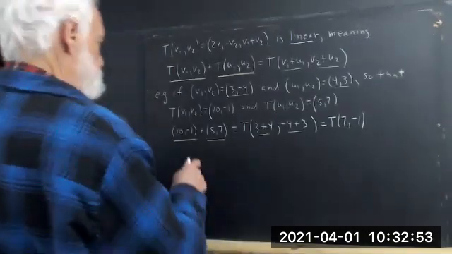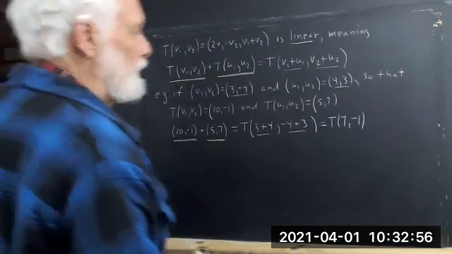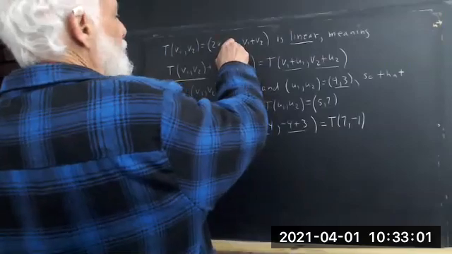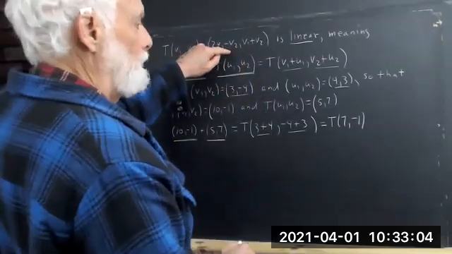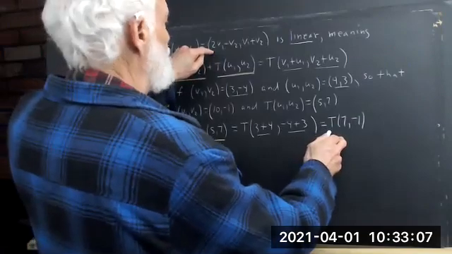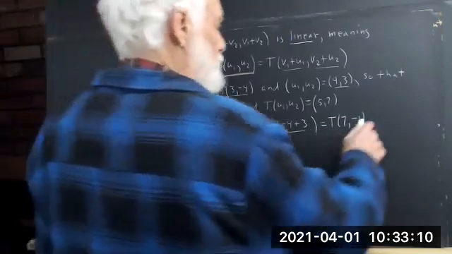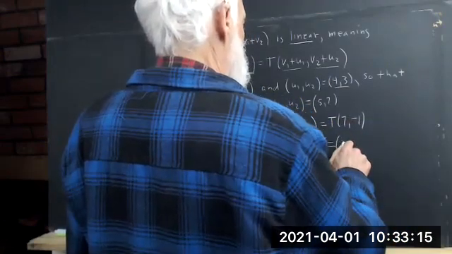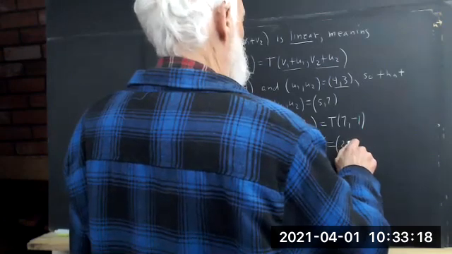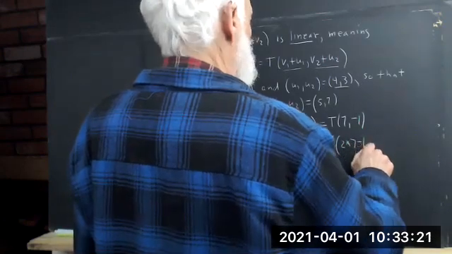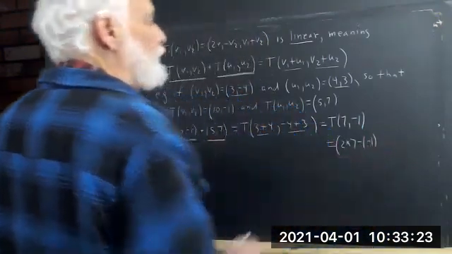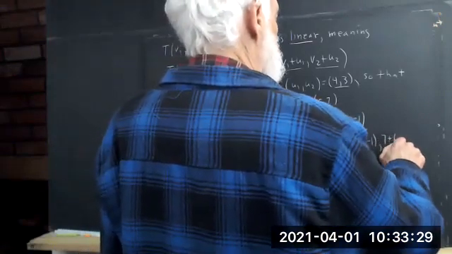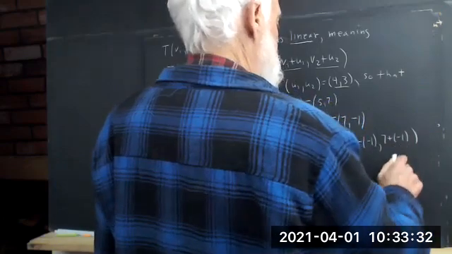Well, if we transform 7, negative 1, we get 2V1 minus V2. 2 times 7, I guess I better write it out. 2 times 7 minus negative 1, and 7 plus negative 1.